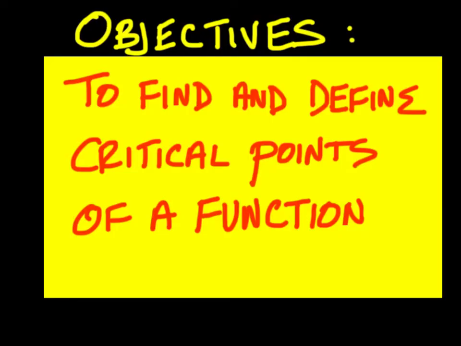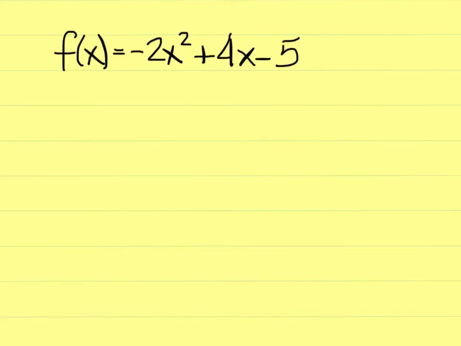To find and define critical points of a function, here is an example. F of x equals -2x squared plus 4x minus 5. Alright, we'll start with a red marker this time.